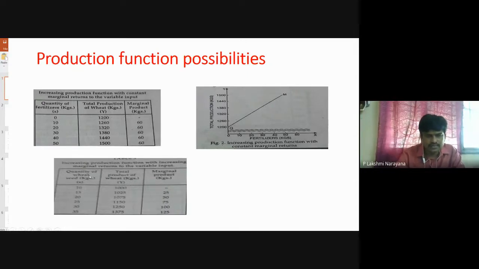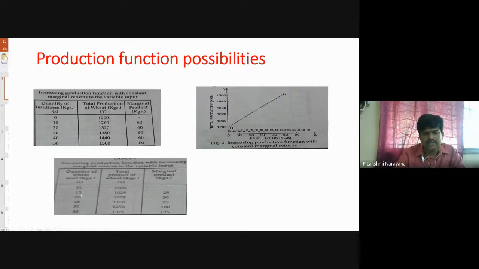Here, the quantity of wheat seed is in kgs: 10, 15, 20, 25, 30. So here the input is seed. First, he uses 10 kgs of seed, then 1000 quintals of wheat is produced, marginal productivity 0.